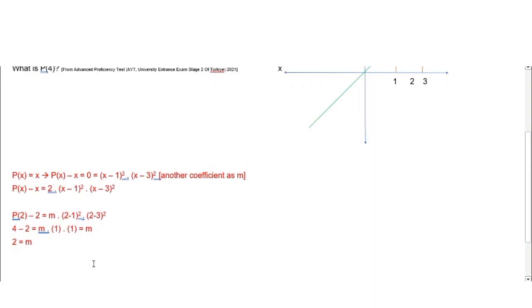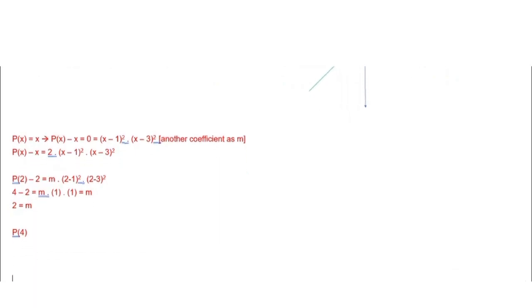So let's continue. Now the only thing remaining is the solution.